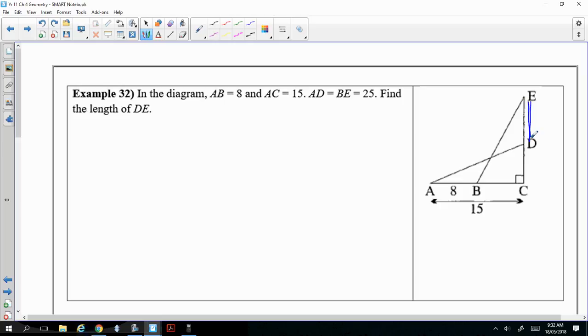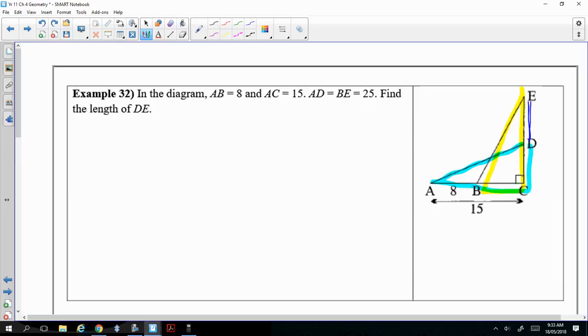There's this triangle, and there's another triangle. We're going to use Pythagoras in both triangles to find the missing sides. They didn't label all the sides, so let's label some. AB is 8, label 15, AD equals 25. So this length here is 25, as well as the length of BC, which is also 25.